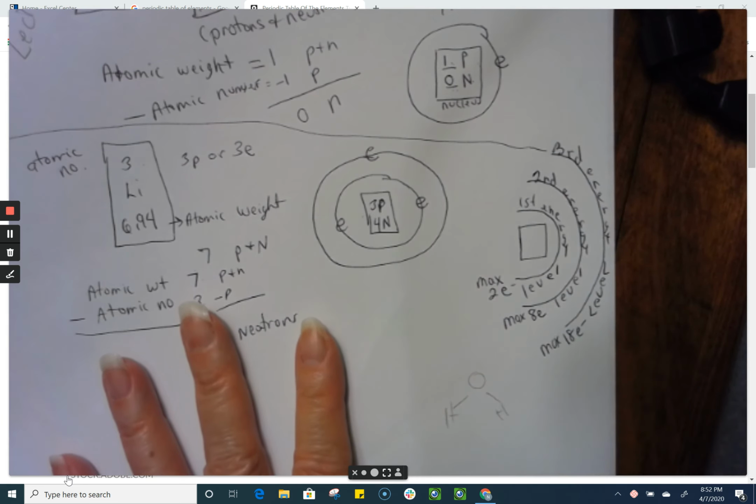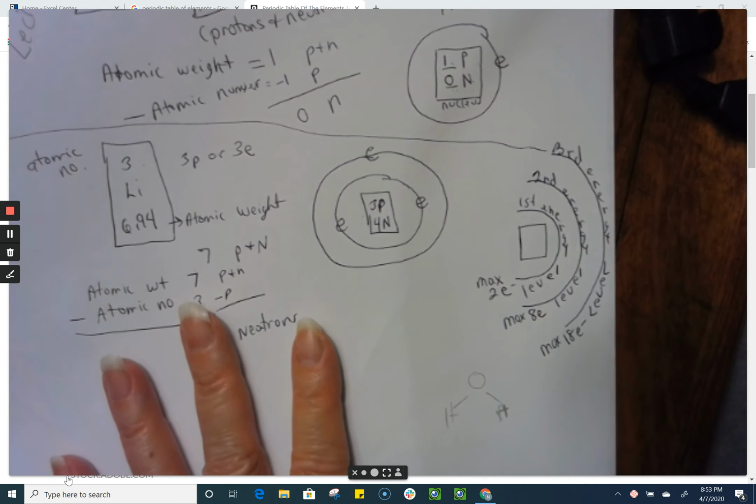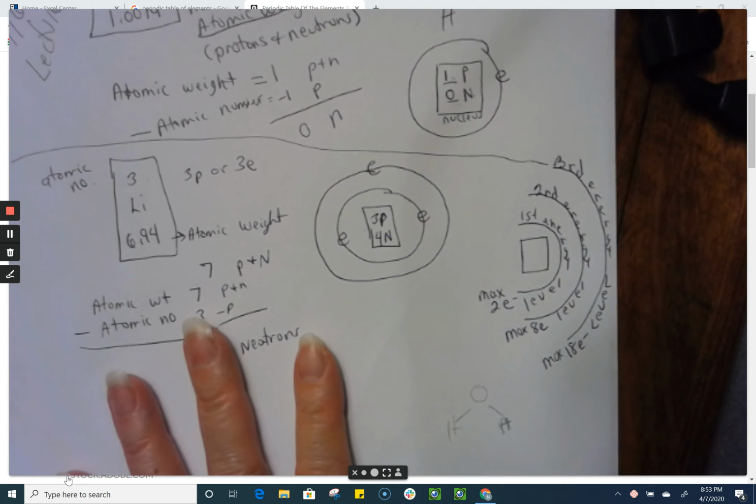That's H2O. That's what we use to diagram or model a water molecule. Now, this is a molecule because these lines here represent either electrons being transferred or electrons being shared, and that holds this whole unit together of 3 atoms.